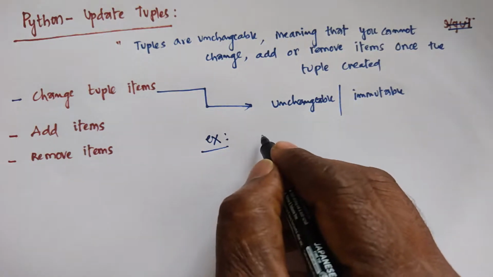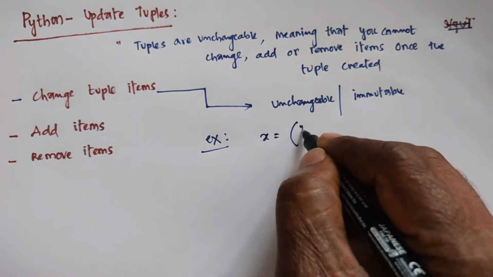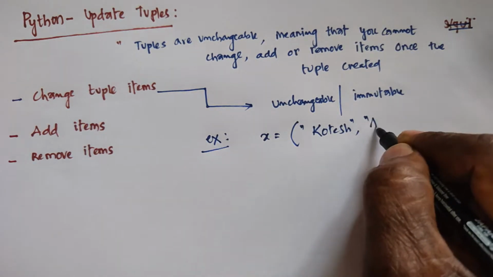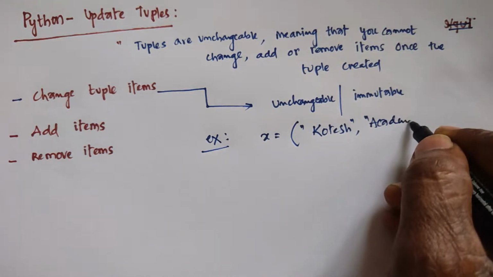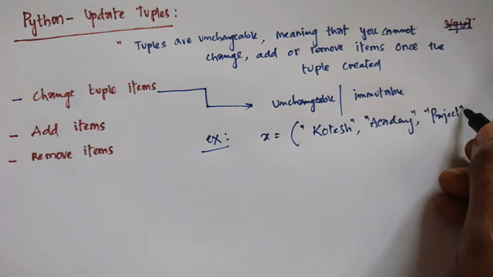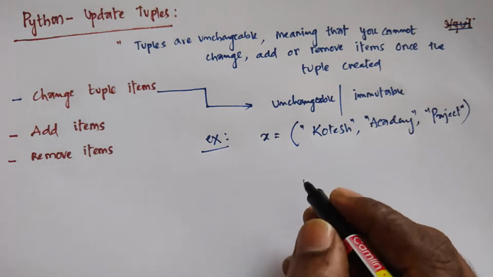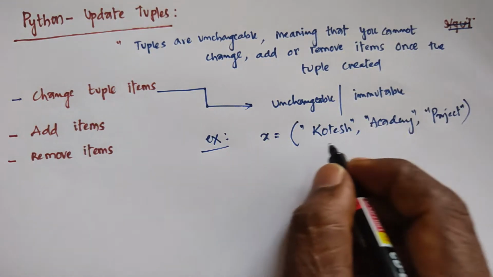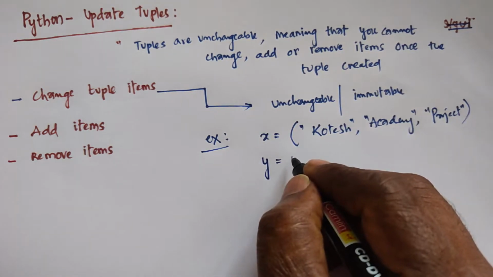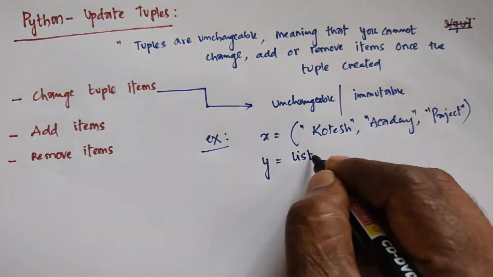The example is here: x is equal to quotation, academy, and project. This is a tuple, so we can't change the values. That's why you take y is equal to list of x, using the list constructor.